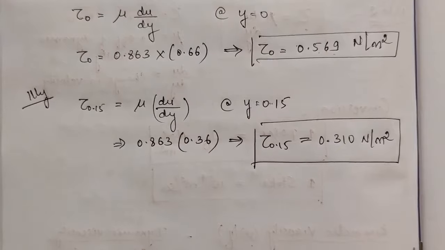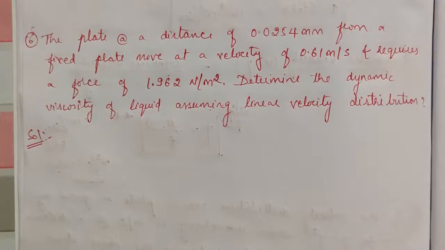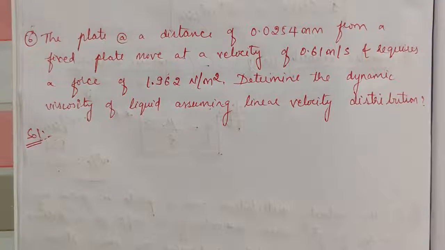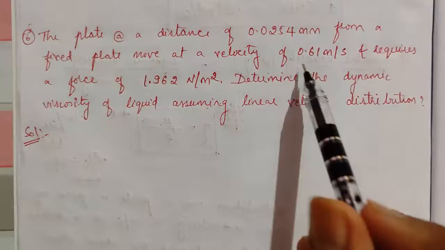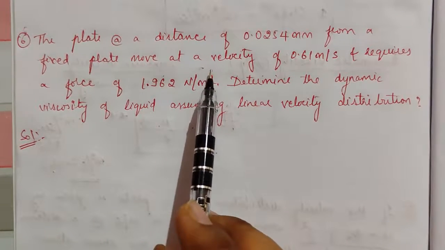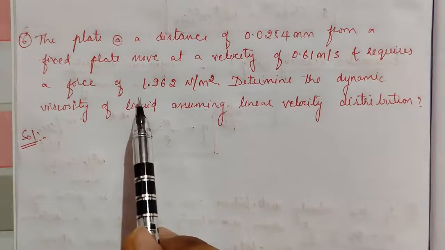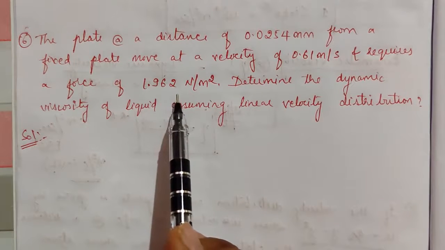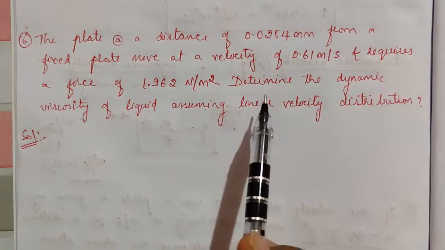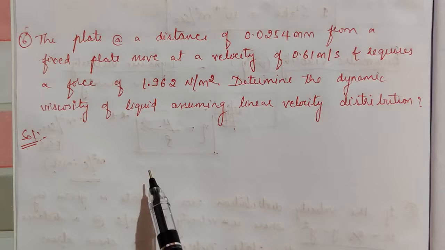Next we will go to another problem, the sixth one. The plate at a distance of 0.0254 mm from a fixed plate moves at a velocity of 0.61 meter per second and requires a force of 1.962 Newton per meter square. Determine the dynamic viscosity of the liquid assuming linear velocity distribution.